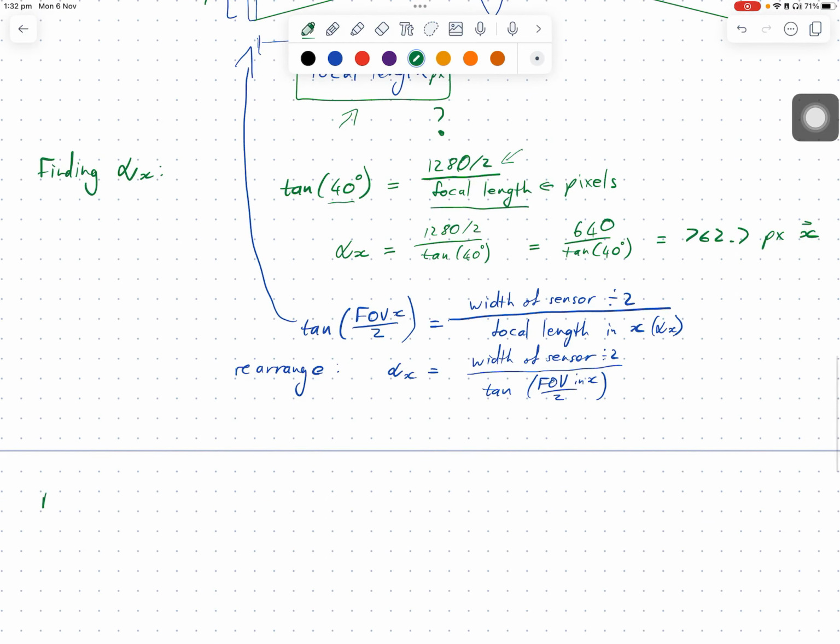Finally, we'll do the same for the Y direction, but this time we'll just use the equation.